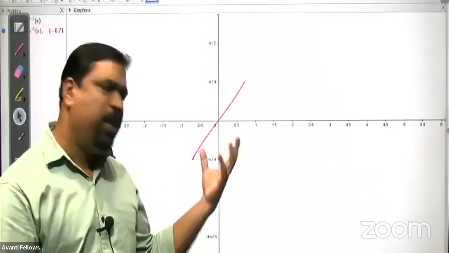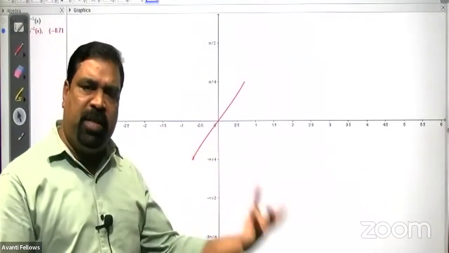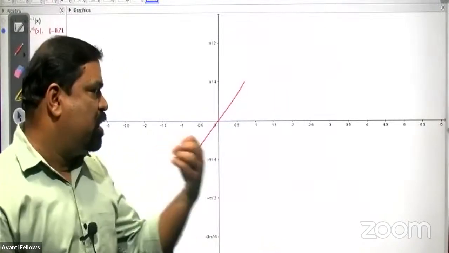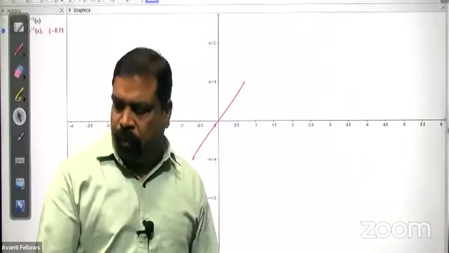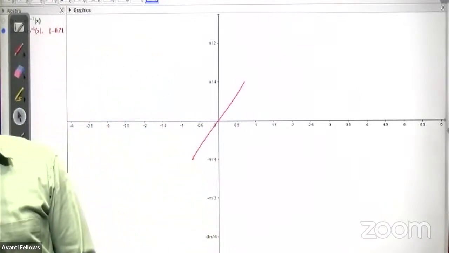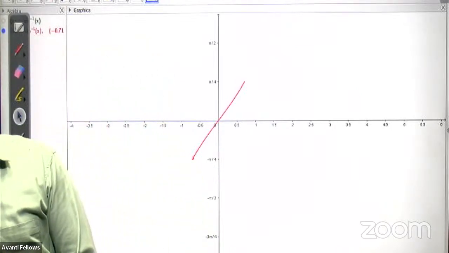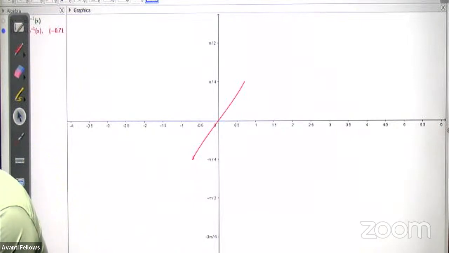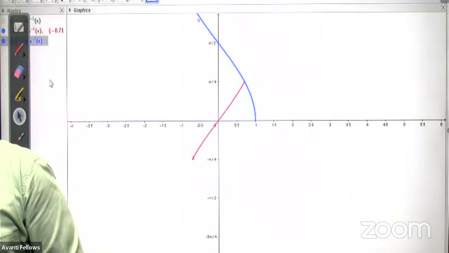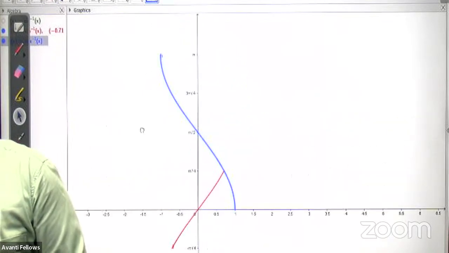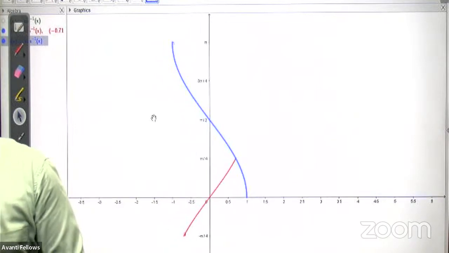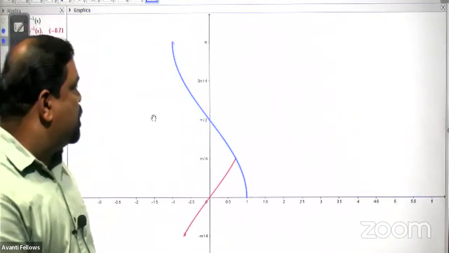This we have to draw and practice. Cos inverse x graph also you have to practice, and sine inverse x graph also. You remember the cos inverse x graph? I will show you here itself. This is the graph of cos inverse x.